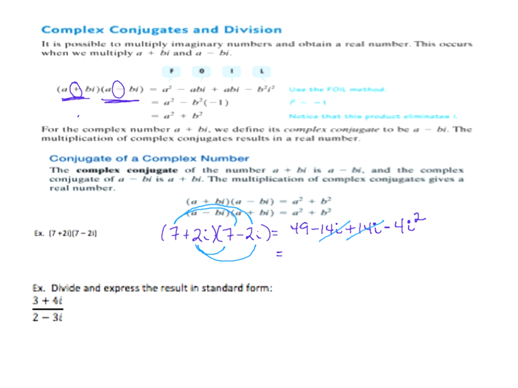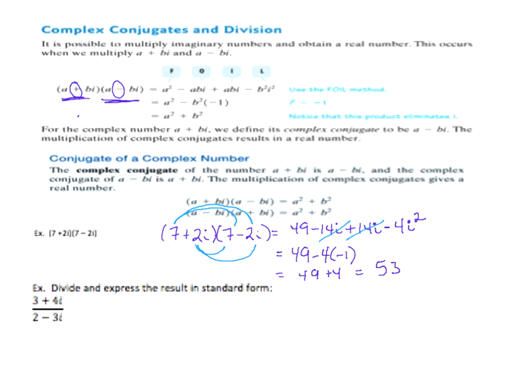And right now I'm left with 49 minus 4. I'm not going to write i squared because i squared is negative 1. So I've got 49 plus 4, which is 53. So let me point out what's happened. You no longer have any imaginary units in the number. You just have a real number there. That is the whole point of knowing how to multiply complex conjugates like this.